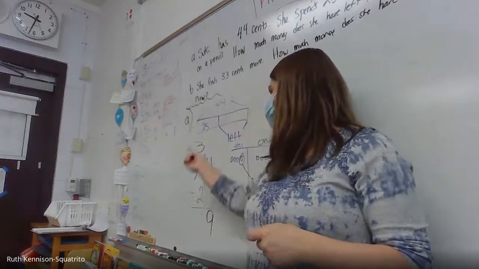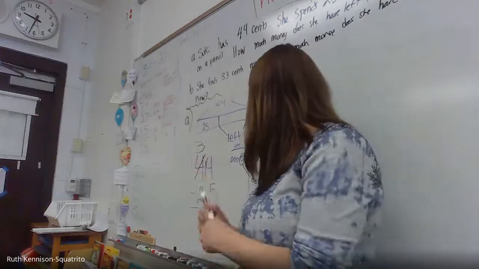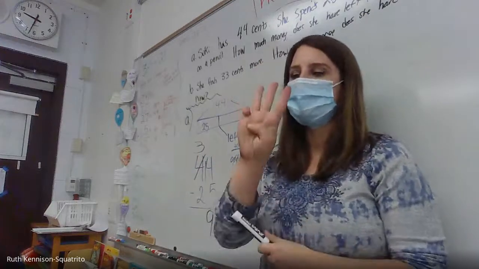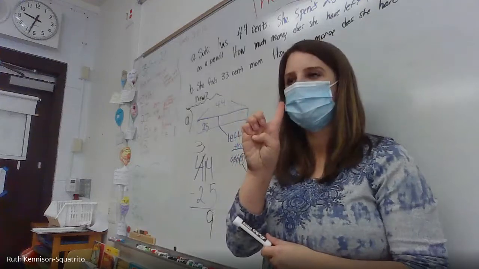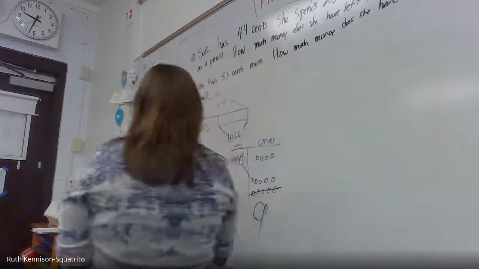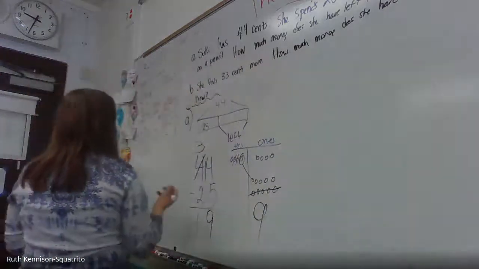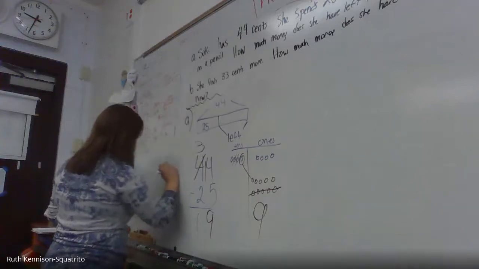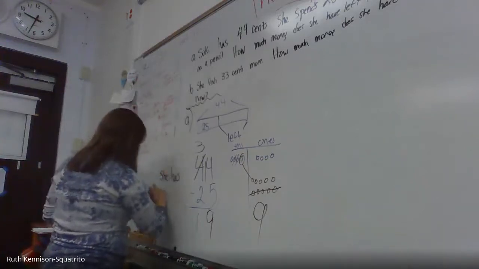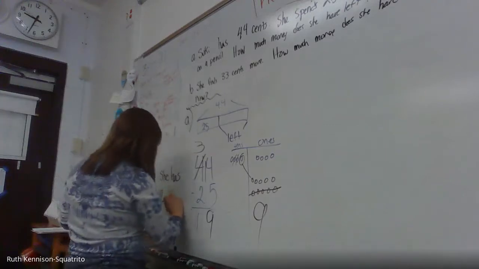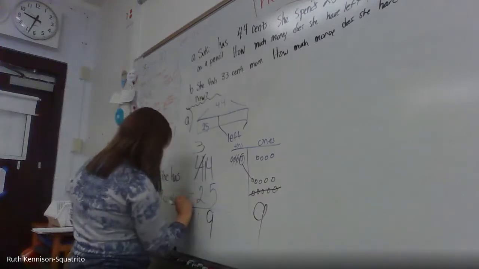Okay, now we've got our 10s. We've got 3 tens, take away 2 tens. You have 1 ten. So the answer for problem A, we would write: she has 19 cents left.